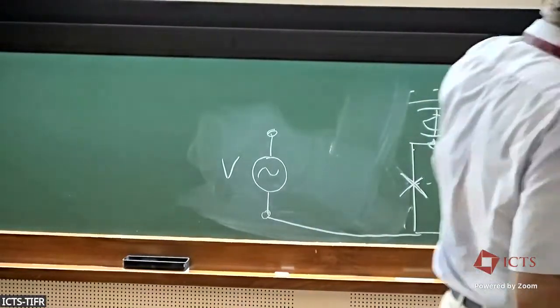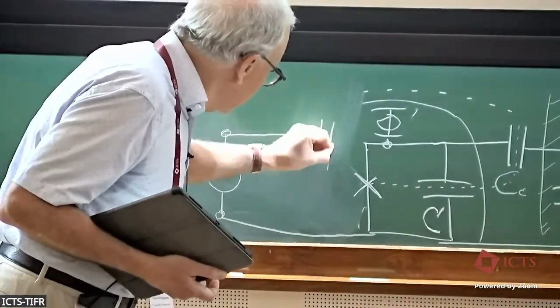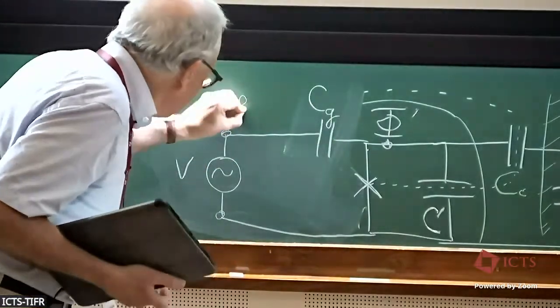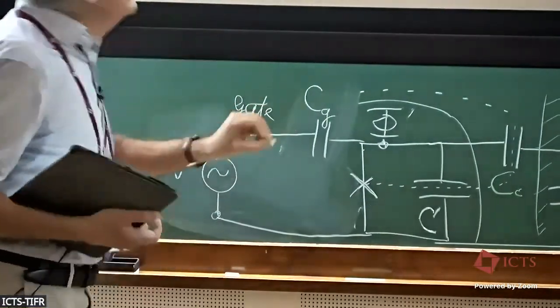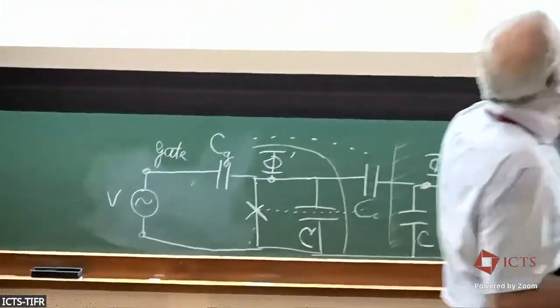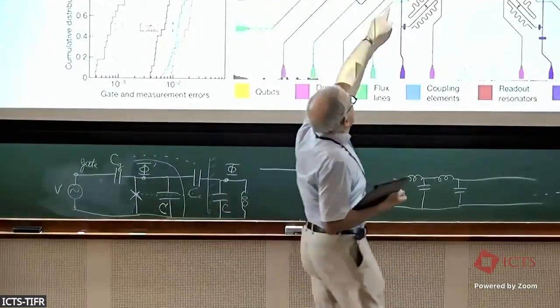And if you trace what they are doing, they actually couple via some capacitance. So I call this C sub G for gate capacitance. And I could even zoom in and say, let's see which one. I think the green ones are the flux lines, drive lines. So there's a magenta drive line.